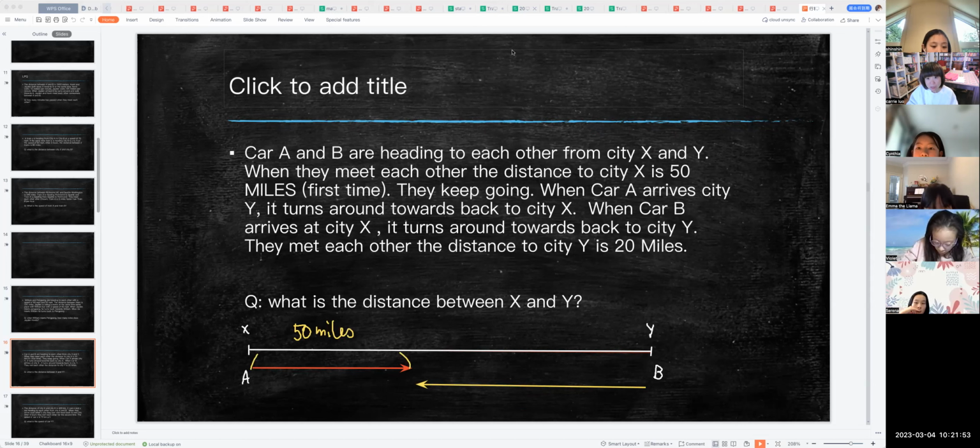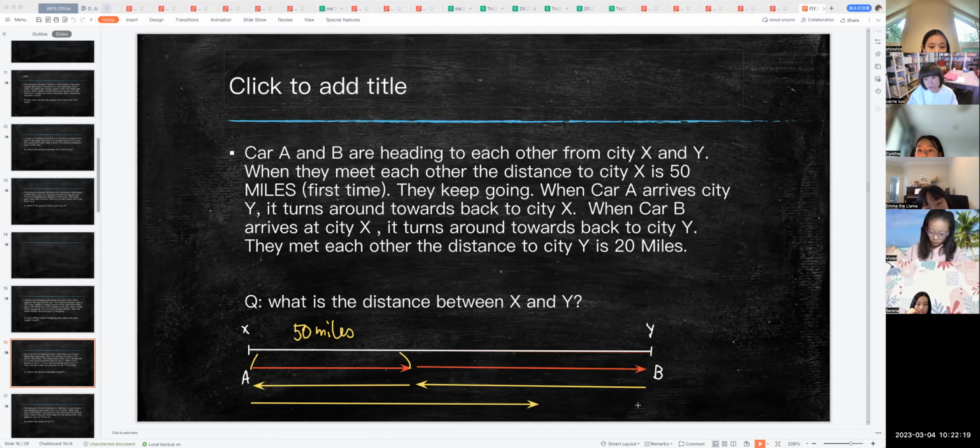B keeps walking and turns back toward A. The next time they meet, I was right: A is slower, because when they meet the second time, this distance is 20 miles. Correct, everybody?